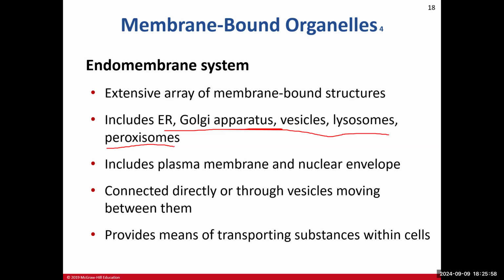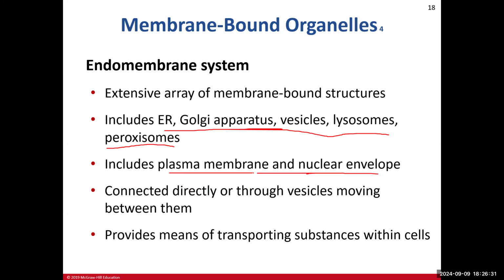So when the rough endoplasmic reticulum is making its proteins to go to the Golgi apparatus, well, that transport vesicle is part of this system, like this train track system, that is going to pretty much move our protein from the rough endoplasmic reticulum to the Golgi apparatus, and then from the Golgi apparatus into the plasma membrane or out of the plasma membrane. So that's including all of these structures here. And essentially, it connects from the nuclear envelope to the plasma membrane here.